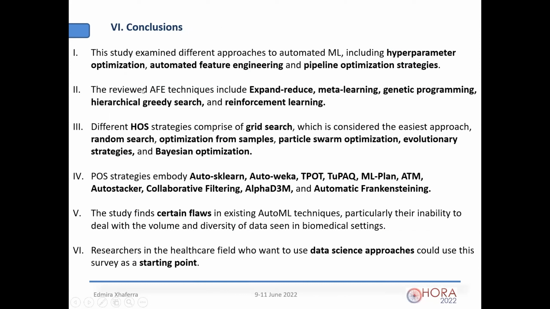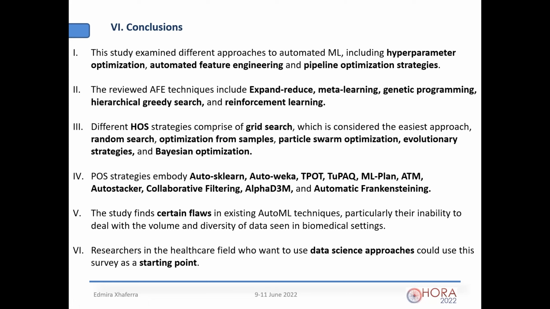The reviewed AFE techniques include expand, reduce, meta-learning, genetic programming, etc. Different HPO strategies comprise greedy search, which is considered the easiest approach, random search, optimization from samples, and Bayesian optimization. POS strategies embodied AutoSklearn, AutoWeka, TPOT, etc.